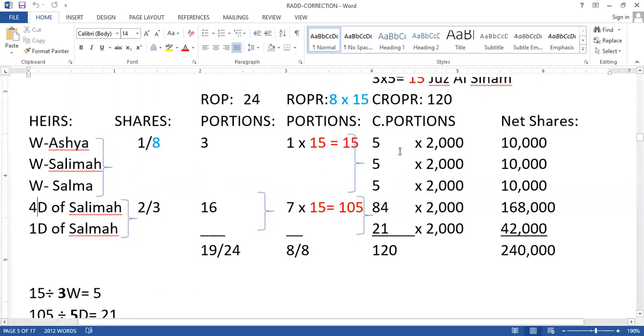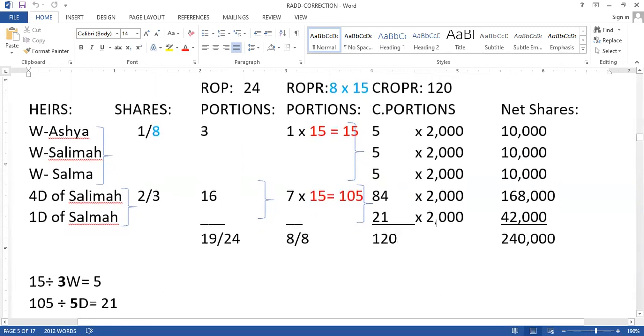So i-add natin 5 plus 5 plus 5 plus 84 plus 21 is equals to 120. Also this amount, 10,000 plus 10,000 plus 10,000 plus 168,000 plus 42,000 is equals to 240,000. So pag mag-equal yan siya, meaning your computation is correct.